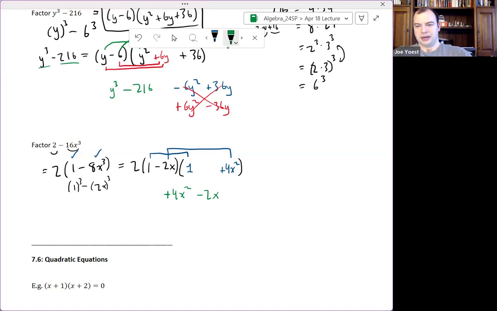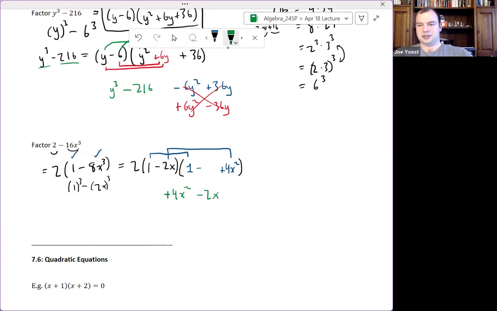So minus 2x multiplied by what gives me a plus 4x squared? Or sorry, not a plus 4x squared. I need to get rid of a plus 4x squared. I need a minus 4x squared.